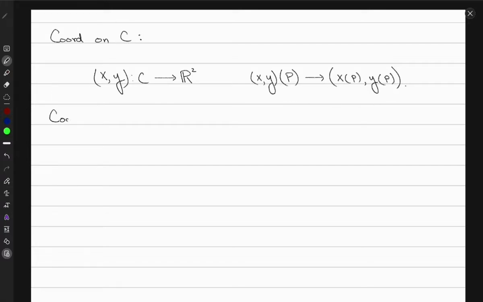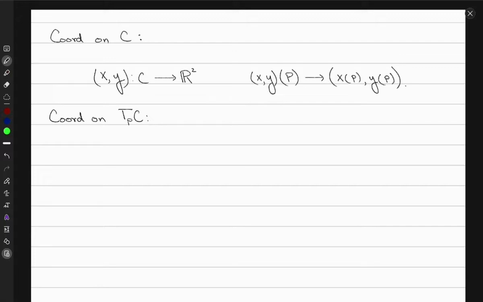Now let's define our coordinate system on the tangent space Tp of C. Remember, the coordinate system on the tangent space is made up of vectors, because the tangent space itself is made up of vectors. And what are those vectors?